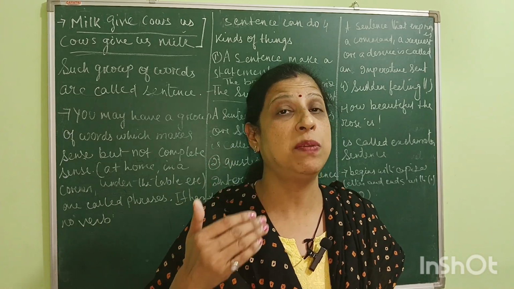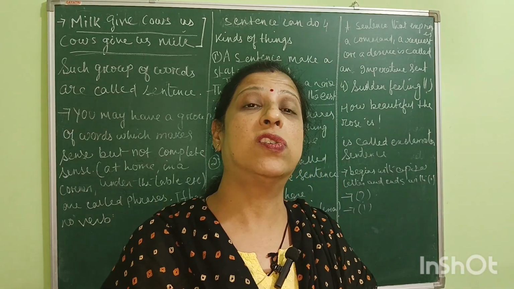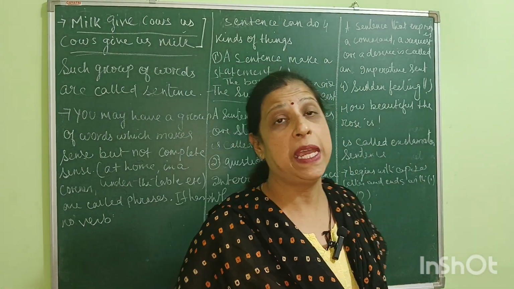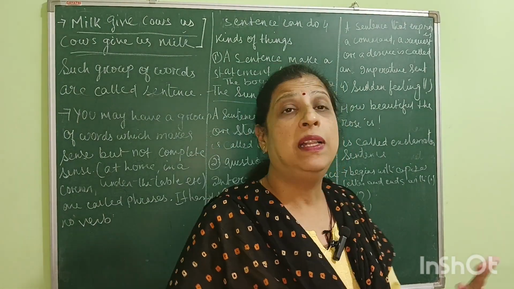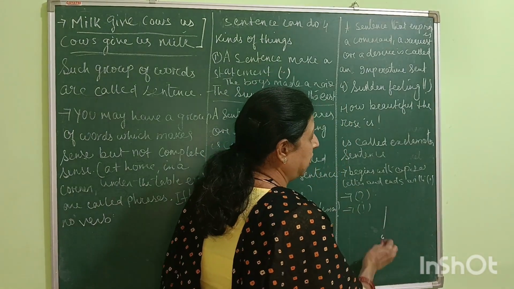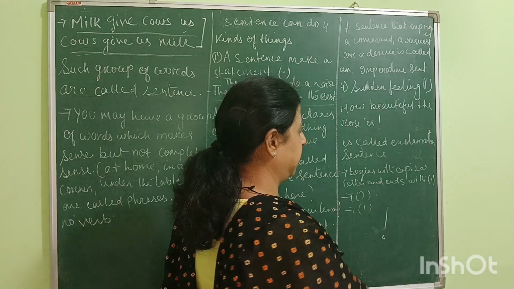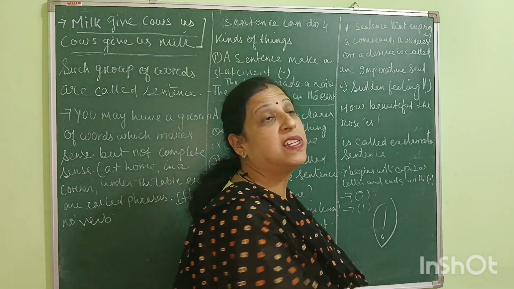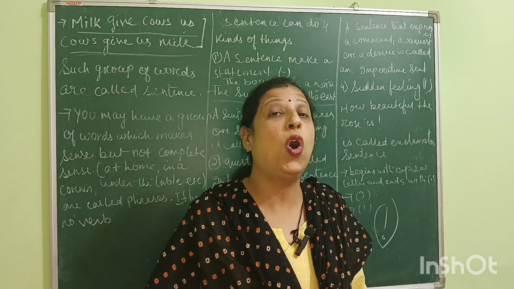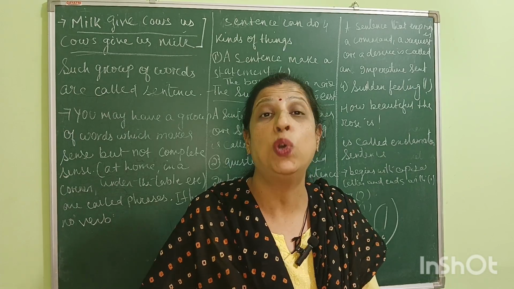For example, if I say, how beautiful the garden is! In this case, we put an exclamation mark at the end because it is an exclamatory sentence and it is expressing a sudden feeling or sudden strong emotion.